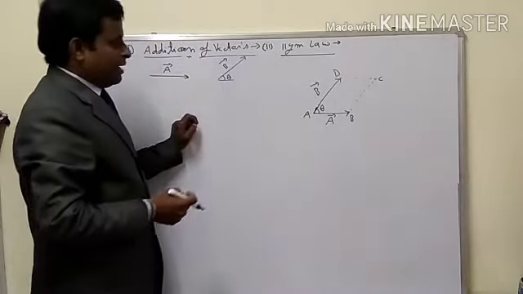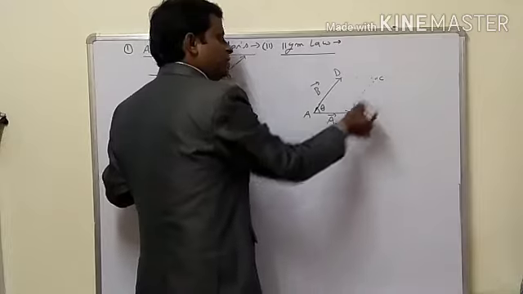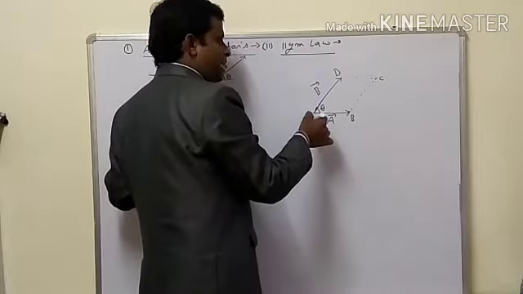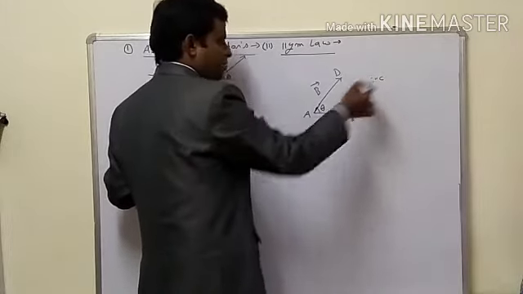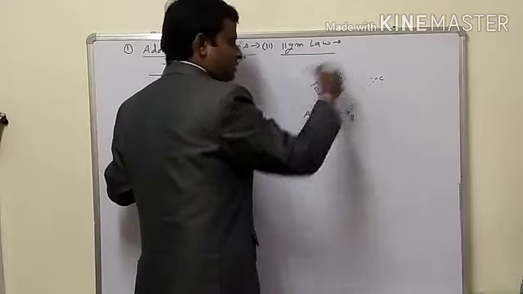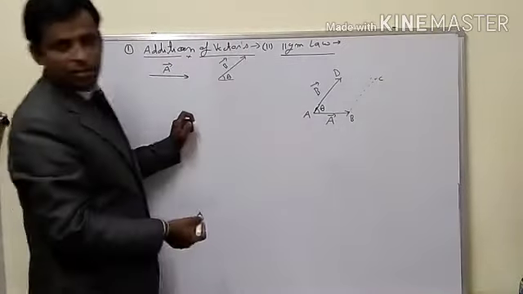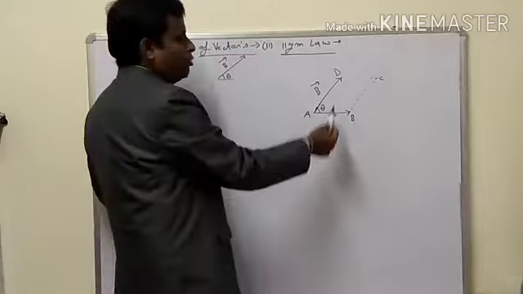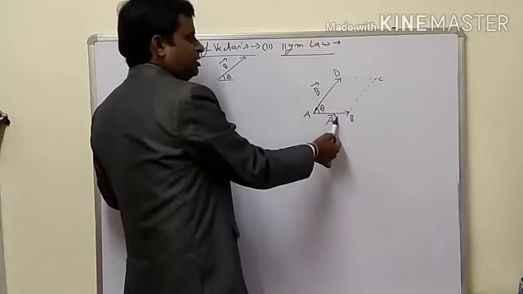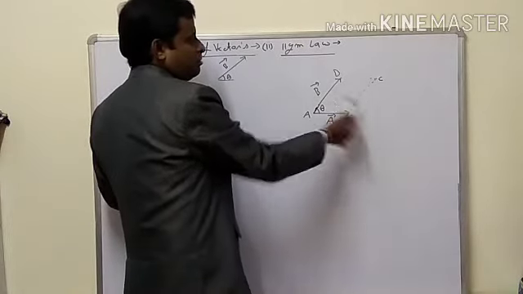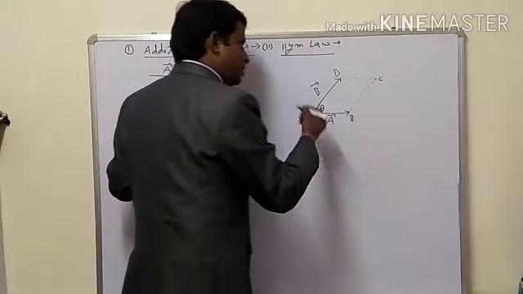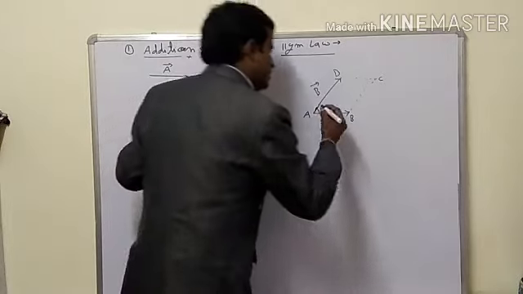So you may see that by joining these two lines, which were drawn parallel to vector B and parallel to vector A, there is a formation, and this figure is a parallelogram. Why? Because opposite sides are parallel and equal. Getting it? So what will be the addition in this case?